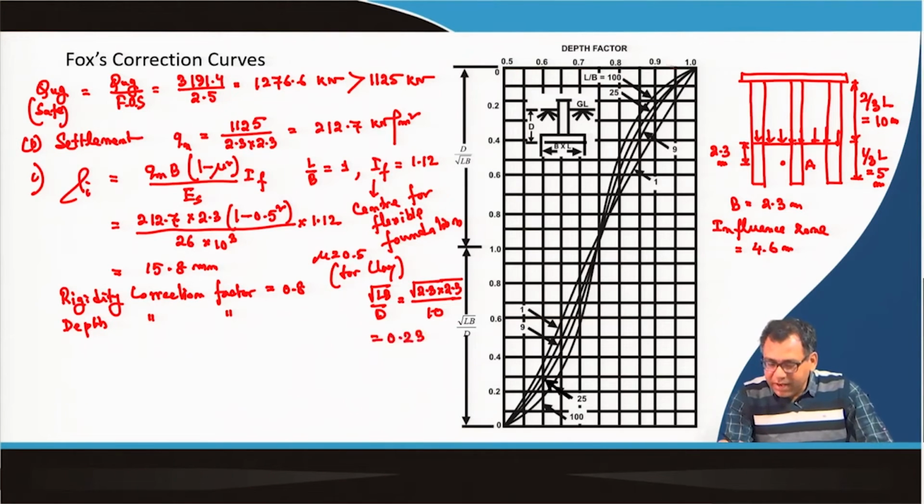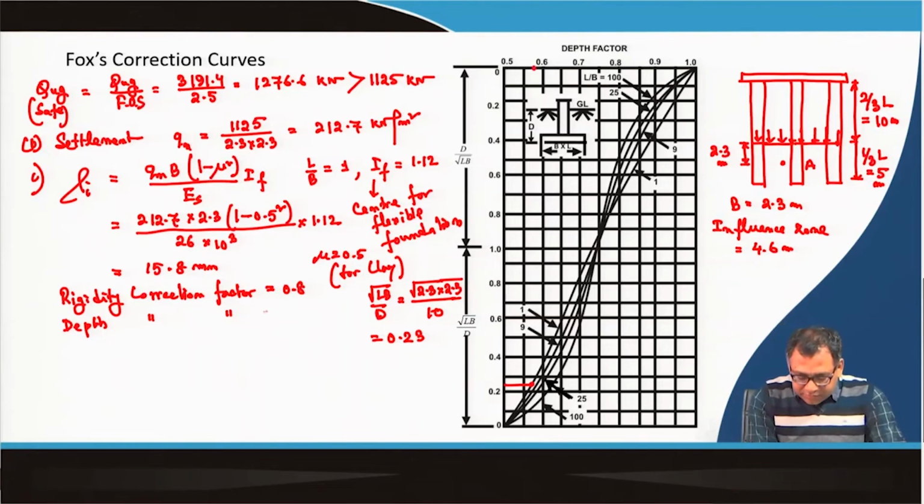For L by b equal to 1 and 0.23, this value will be around 0.56. So, the correction factor is 0.56.